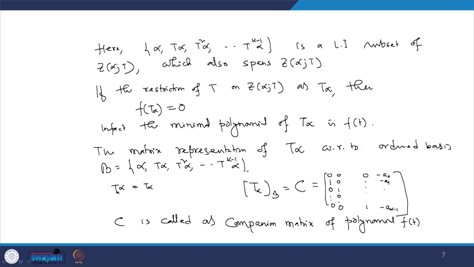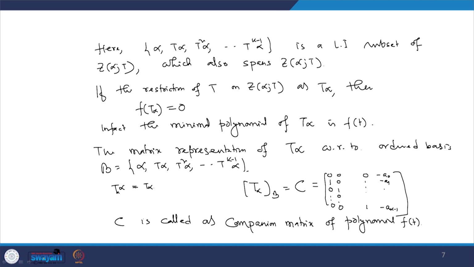So, we have seen that if I consider a non-zero element alpha and consider the collection of all g(t) alpha, then it is a subspace.